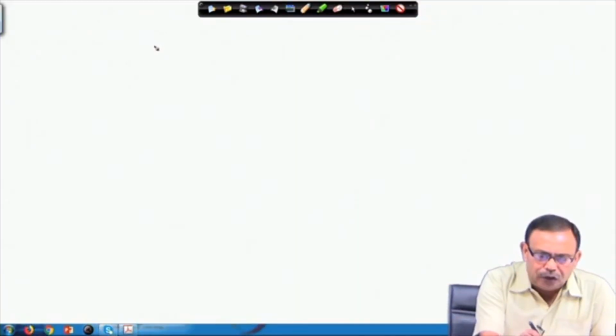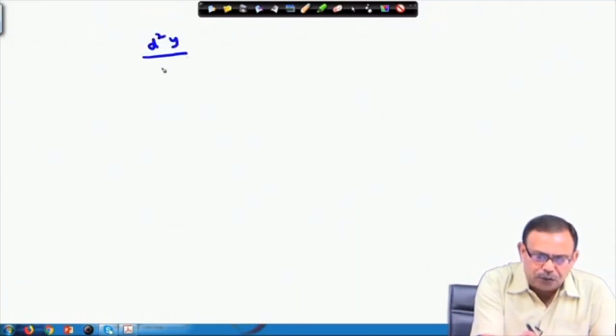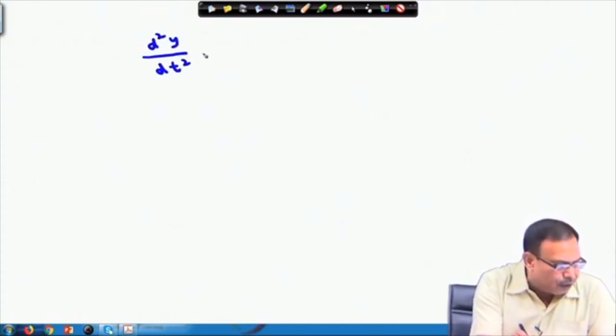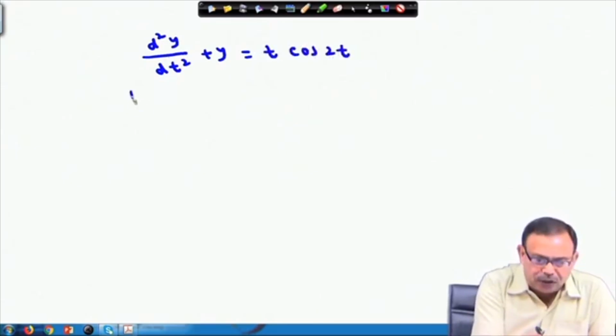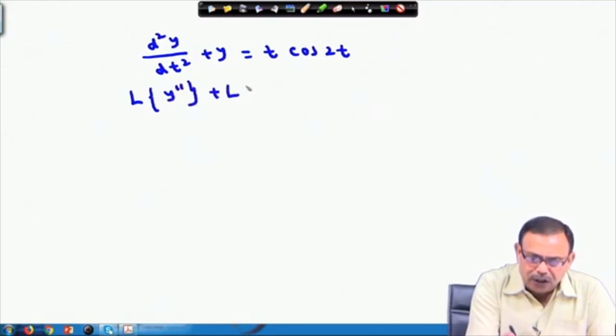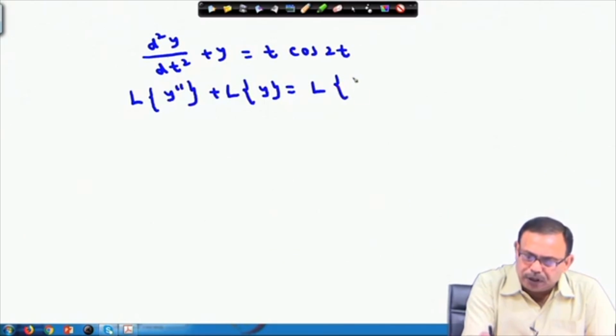So, your equation is d2y dt square plus y equals t cos 2t. You take the Laplace transform on both sides of the given equation. So, Laplace transform of y double dash plus Laplace transform of y, this equals Laplace transform of t cos 2t.